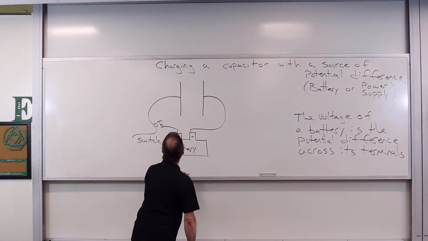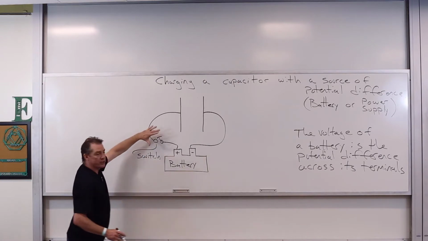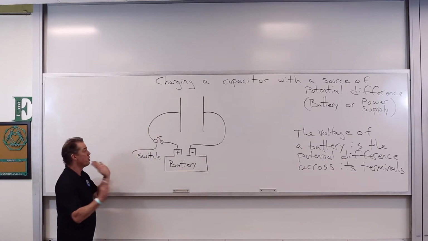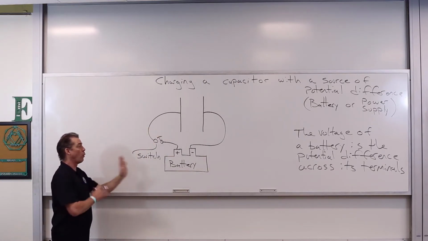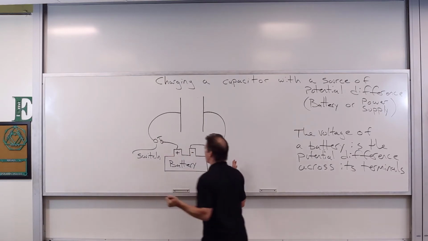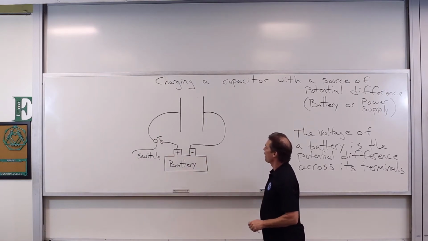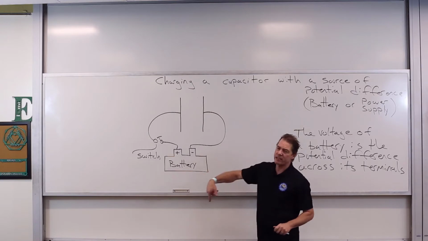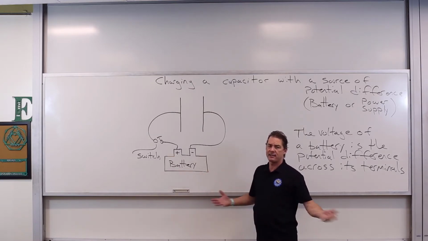And what else do we have? Well, this little switch right now is open, which means there is no conductive pathway for the charges here. But what I want to be able to do is close that switch and see what's going to happen.